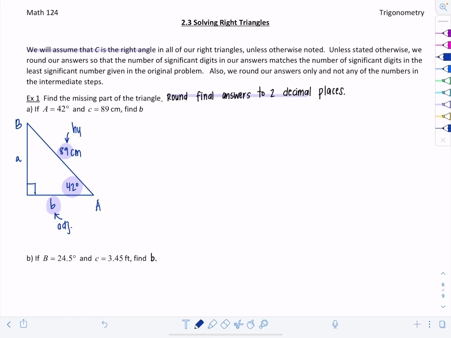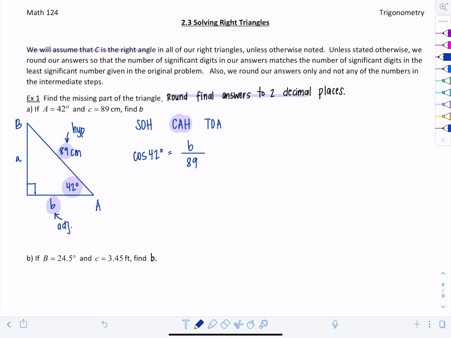So you're going to have to decide based on SOHCAHTOA, sine, cosine, and tangent, which trigonometric ratio will help us solve for B. So I have the adjacent side and I have the hypotenuse. So that would work for cosine. So we have cosine of 42 degrees is equal to the adjacent side, which is B, over 89.